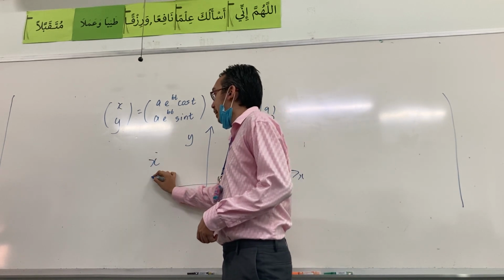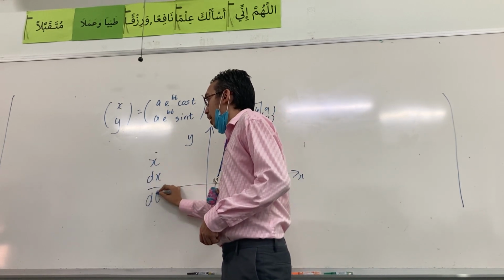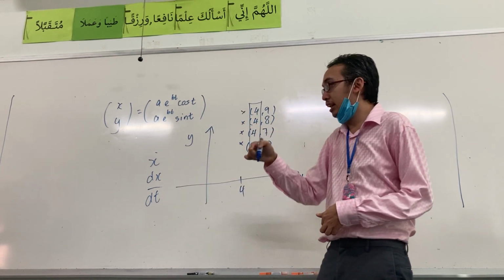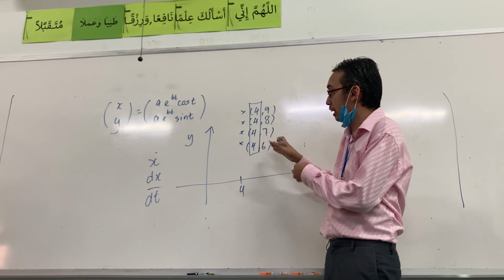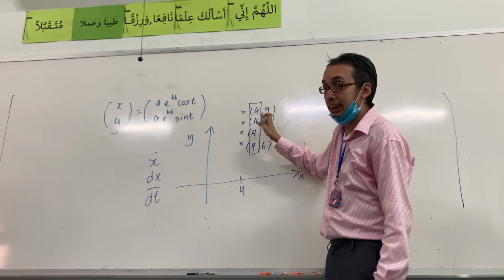So x dot means dx/dt. How does the x change with respect to time here? Because we're travelling forever, our x doesn't change.